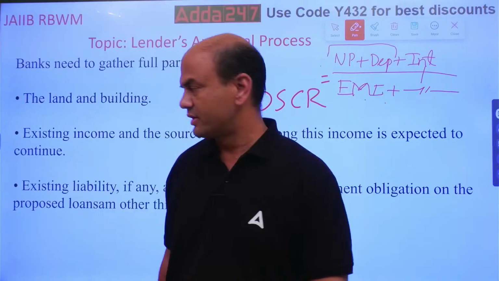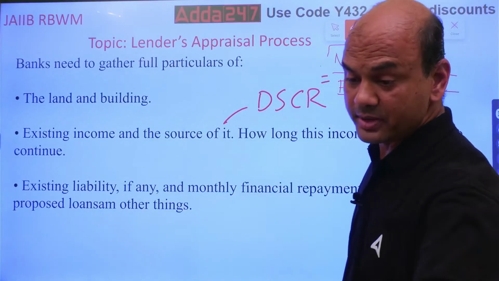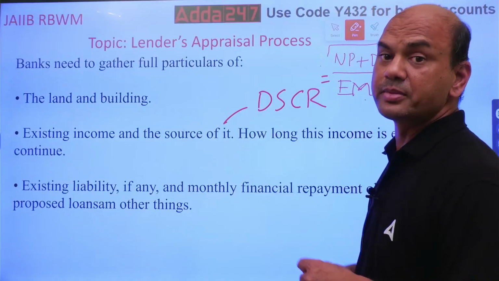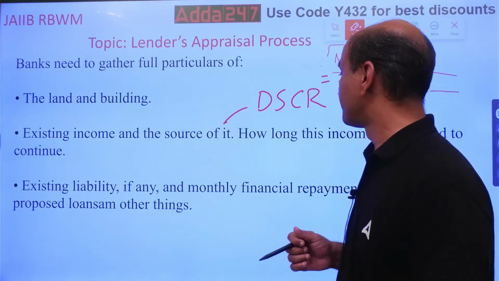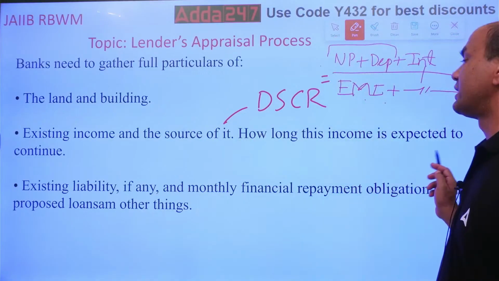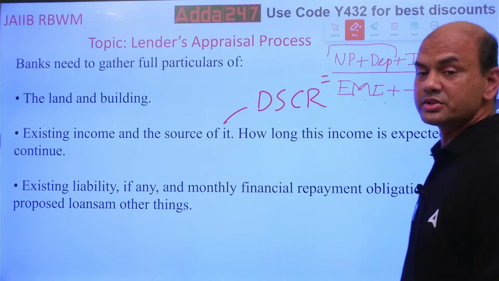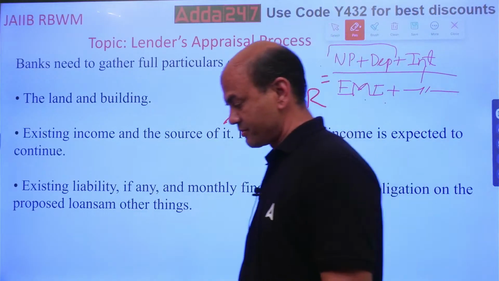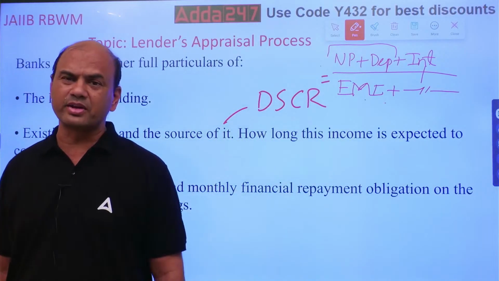So, coming back. Existing income and the source of it: whether that person will be able to repay the loan, whether that person will be able to cover our EMIs, and how long this income is expected to continue. That is also important nowadays. Nowadays, nothing is stable, isn't it?